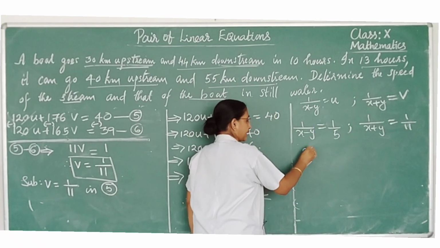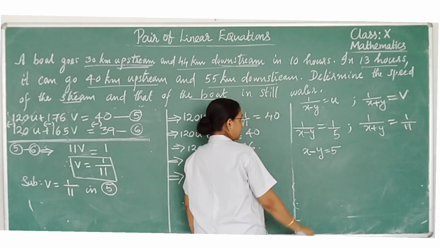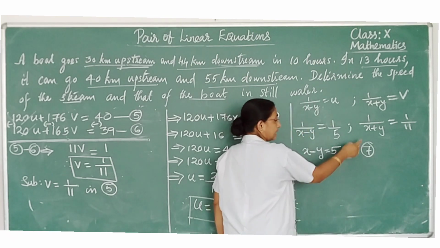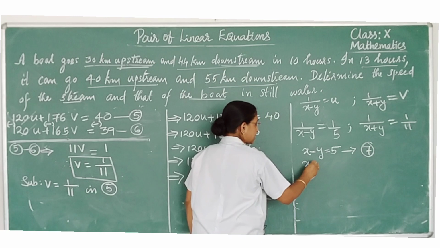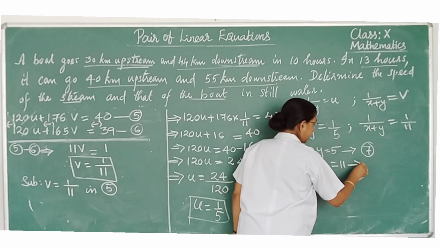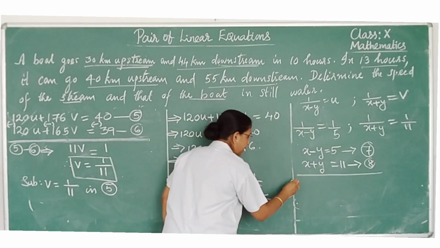Taking reciprocal, you get x minus y equal to 5. This one we can take as equation number 7. And taking reciprocal here, you get x plus y equal to the reciprocal of 1 by 11, which is 11. This is equation 8. Solving 7 and 8, a very simple equation.